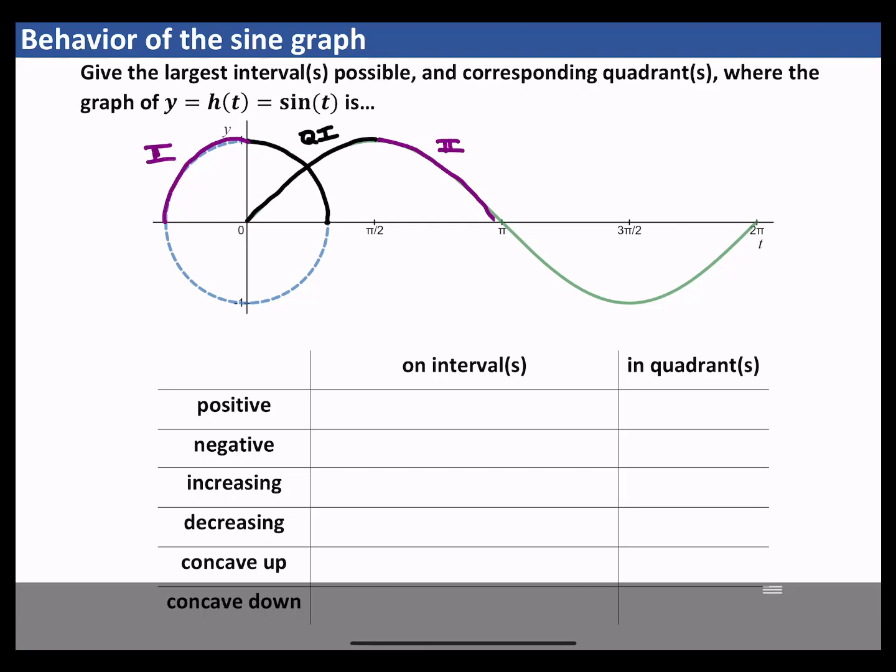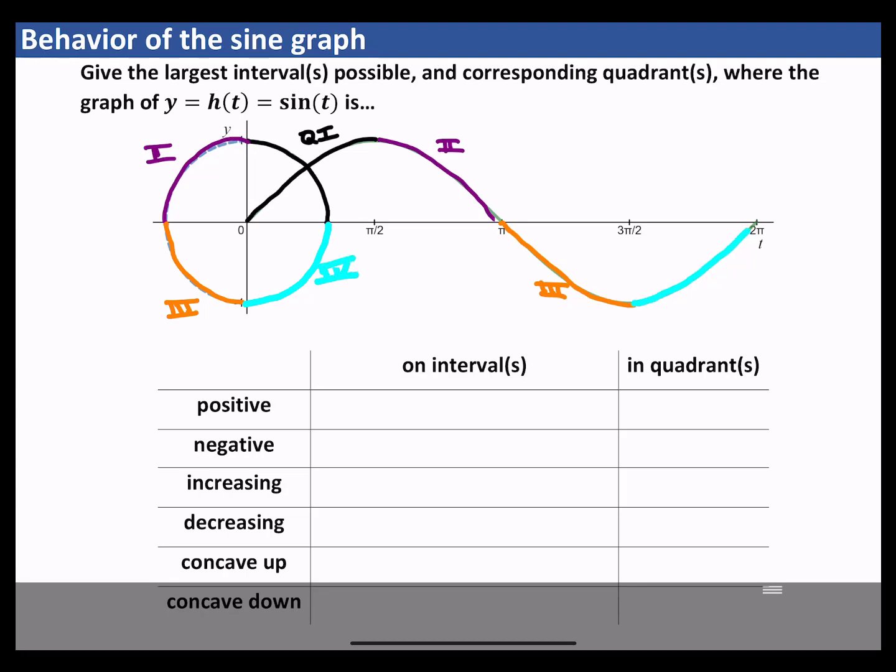And then moving along from pi to 3 pi over 2 represents quadrant 3. So this orange traced area is quadrant 3. And then lastly, quadrant 4 is between the angles of 3 pi over 2 and 2 pi.